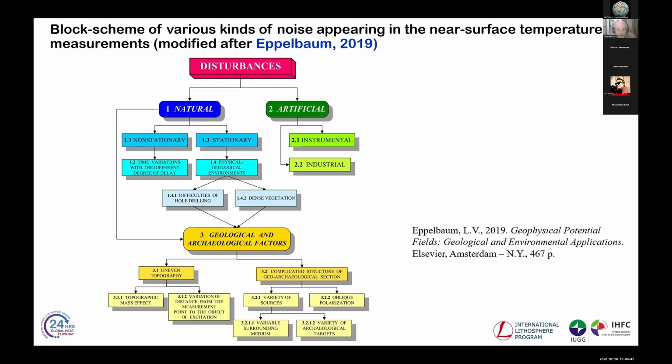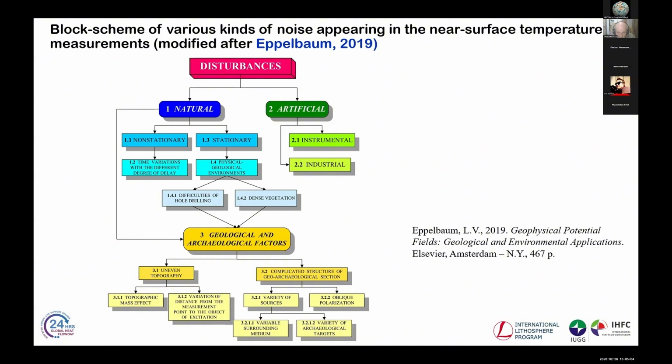Natural can be subdivided into the non-stationary and stationary. Non-stationary is a time variation with some delays coming from the Earth's surface. Stationary is a physical geological environment, difficulty of the whole drilling, dense vegetation.